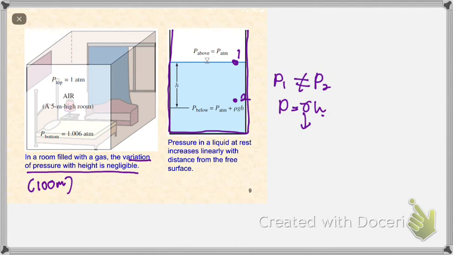There is no exact height being defined, but if the elevation is very small, then we can neglect the pressure difference between one point and another point. Please excuse my voice, I'm having a very terrible flu.